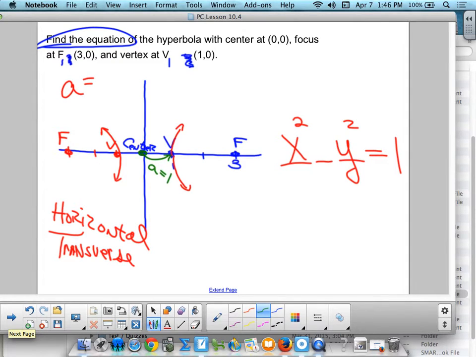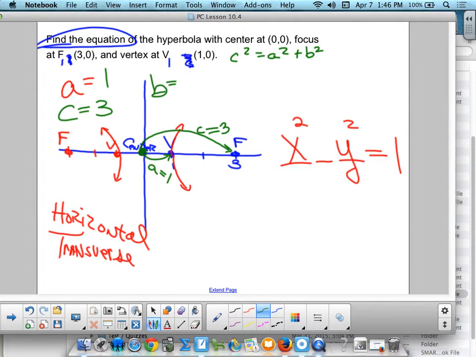What's this right here? Center to the focus. No, 3. Yeah, but what's that letter? Yeah, you know C now. C is 3. A is 1. What's B? Now, see, here's where you have to do a little bit of work. C squared equals A squared plus B squared.